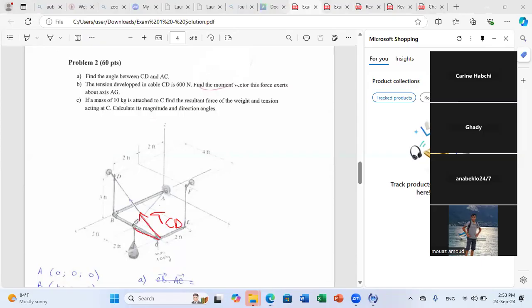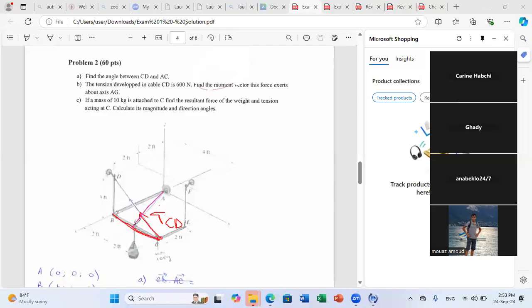Okay, so the method is that you can first take any point on AG. Sorry, this is AG here, because if it were AB there would be no moment, right? If this line intersects, there is no moment because it's intersecting. They need the moment about this line AG.